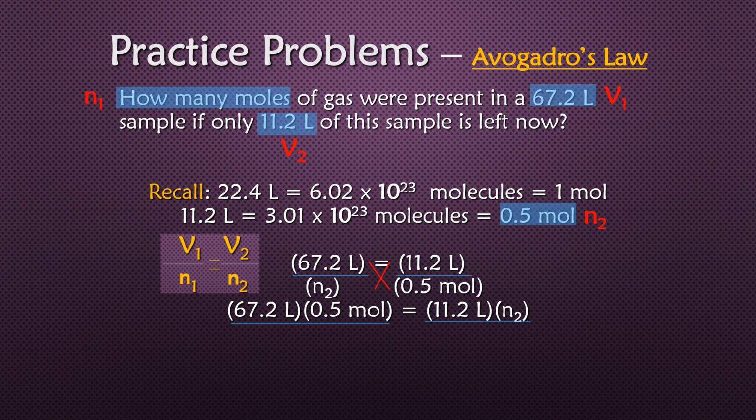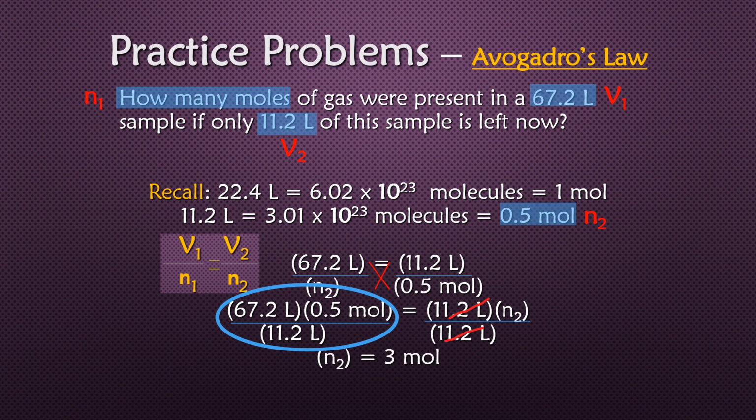Now we want to get rid of the 11.2 liters on the right hand side and bring that to the left hand side. So we can divide both sides by 11.2 liters. It is going to cancel out on the right hand side, and then we just solve for this whole thing on the left hand side, punch that into the calculator, and there you go.